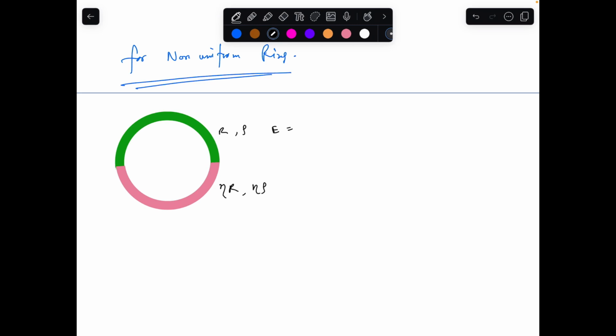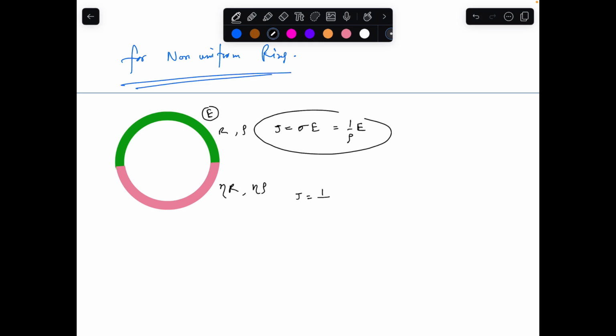What is J? J equals sigma E. Correct. So if I consider the electric field is E, then J equals 1 by rho into E. So if I consider in the upper part of the ring the electric field is E, what will be the electric field at the lower part?